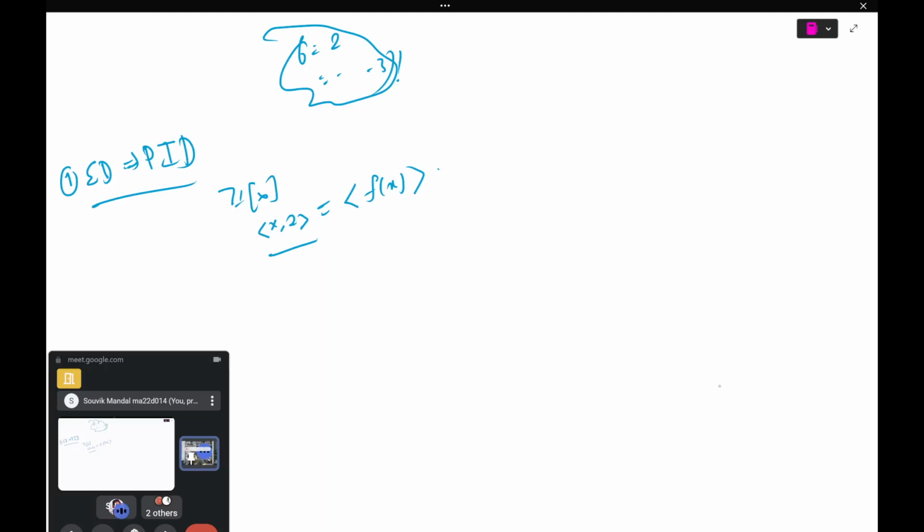The Euclidean argument works only in a Euclidean domain. That's the first thing we clear.